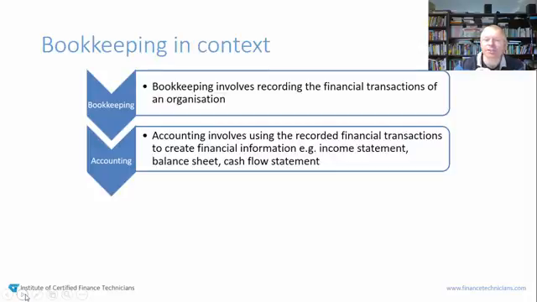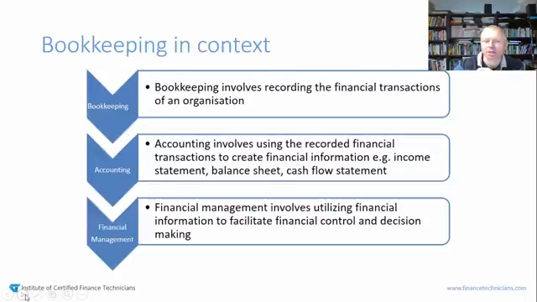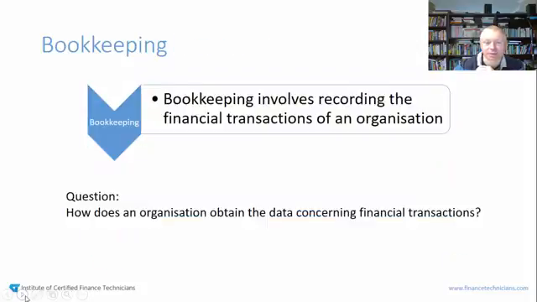Accounting involves using the financial records to create financial information, i.e., an income statement, a balance sheet, or a cash flow statement. After you have those three documents, which are known as primary financial statements, you can engage in financial management. Financial management involves utilizing financial information to facilitate financial control and decision making.